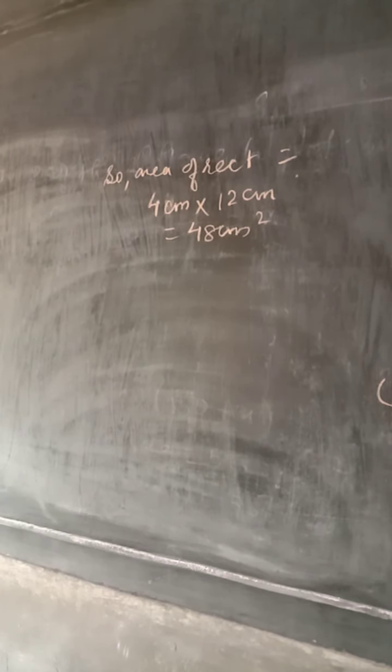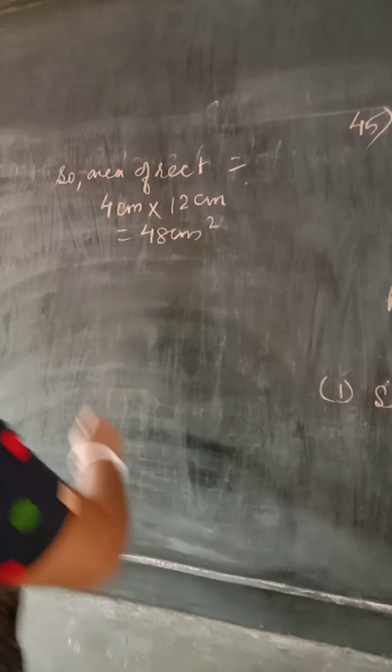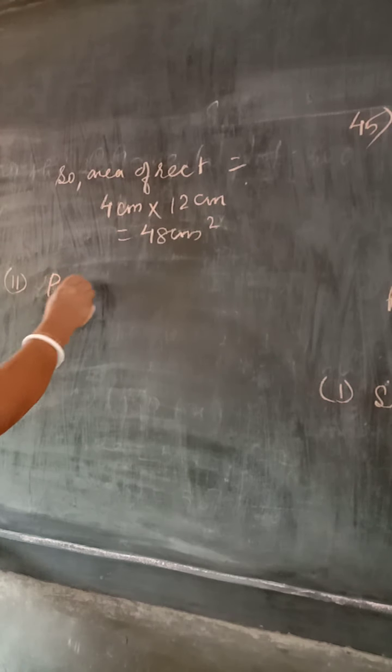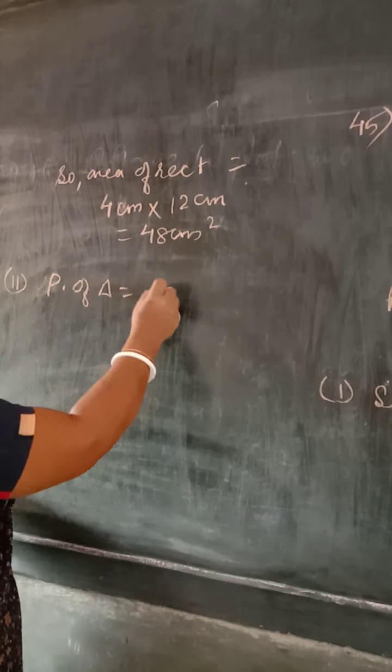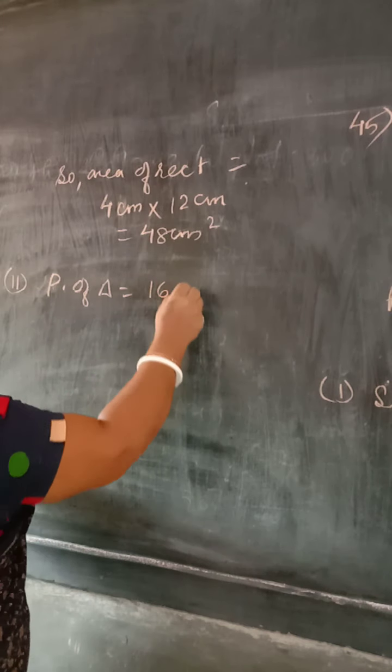Second, they have asked you to find the area of equilateral triangle. So what would be the side of equilateral triangle? Perimeter of triangle is equal to length of wire, 16 centimeter.